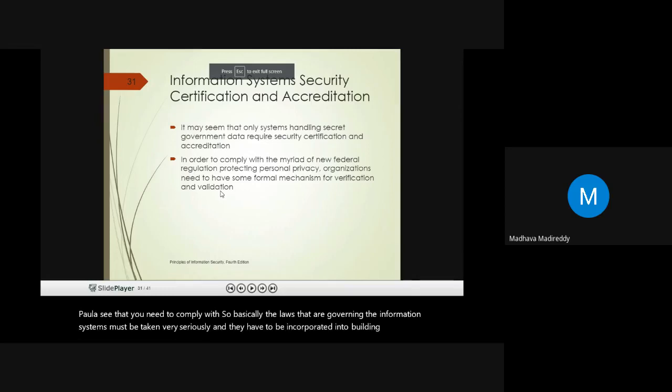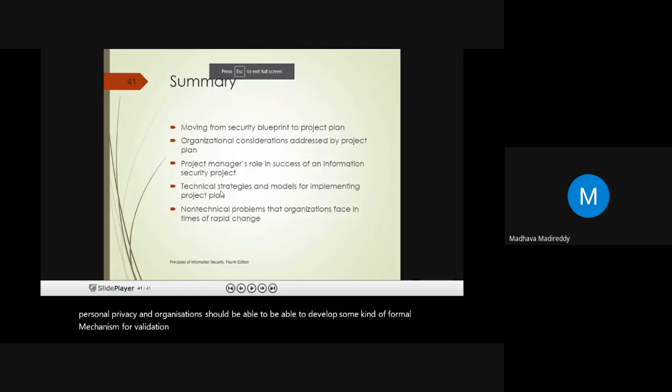Organizations need to be able to develop some kind of formal mechanism for validation and certification. So basically, we learned that project management is about moving from a security blueprint to an action plan. From the paper, you are putting it into action, from action to implementation.